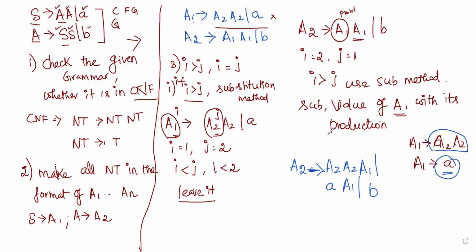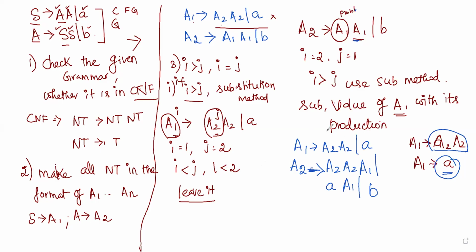I hope you understand this. I have taken the value of the problematic A1 and substituted it with its own value, A2 A2 and A. And similarly, the problematic A1 is replaced with its other production, A and B. So my updated production is, for A1 there is no change, so I'm just writing it as such.